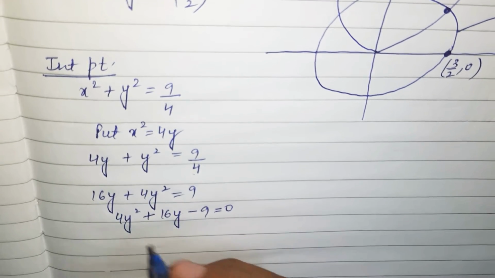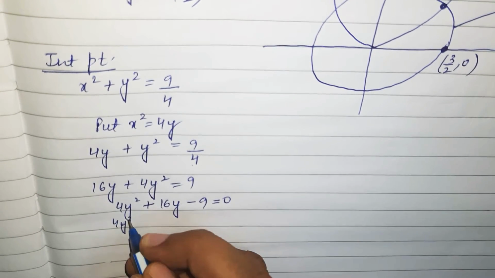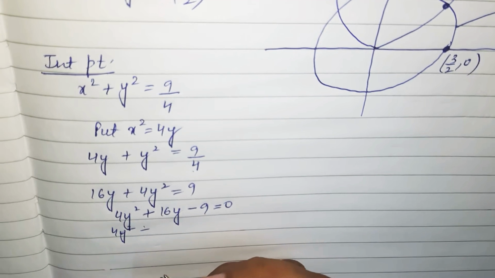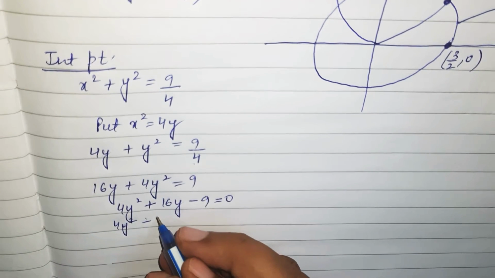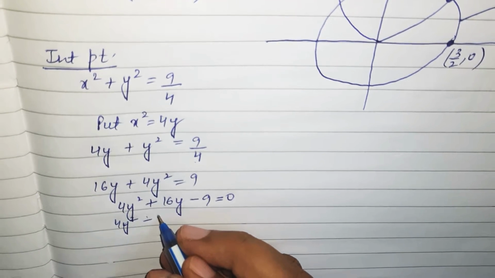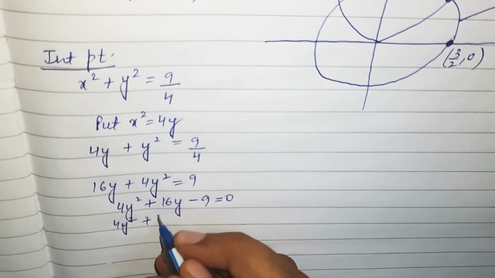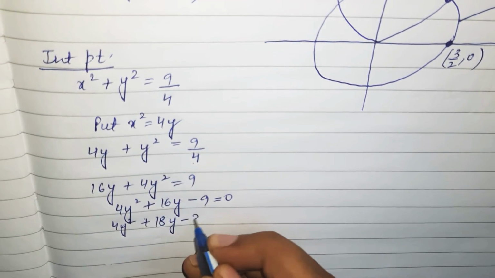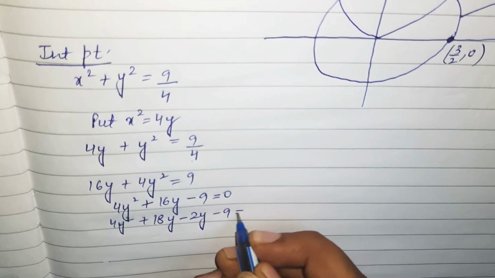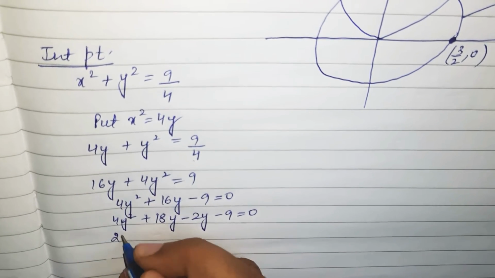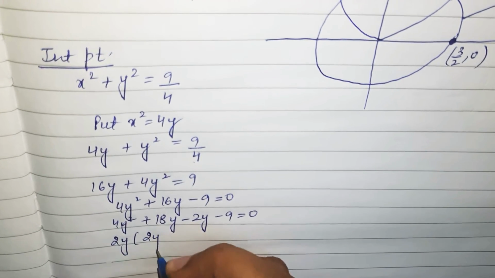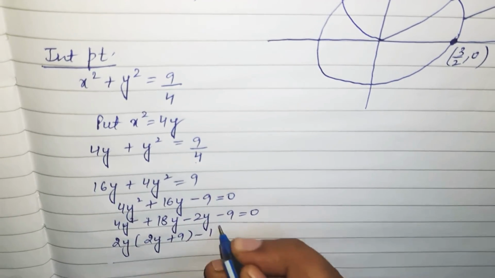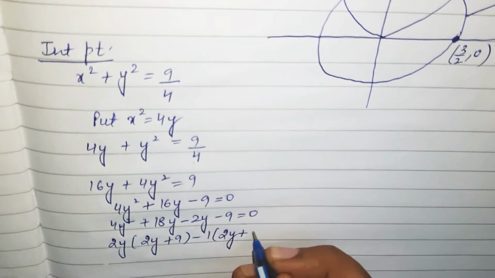So if I'll talk about 4y square plus 18y minus 2y minus 9, which is equivalent to 0. If I'll take 2y common, I am getting 2y plus 9 minus 1, 2y plus 9.